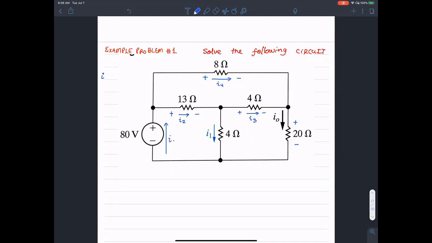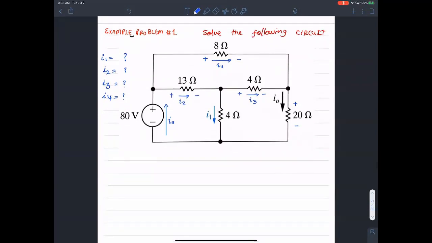Let me call this I source. I want to be able to tell the value of I1, I2, I3 and I4. What are the different values of I1 to I3? That's the idea of solving this circuit.